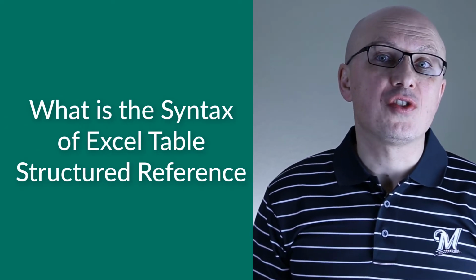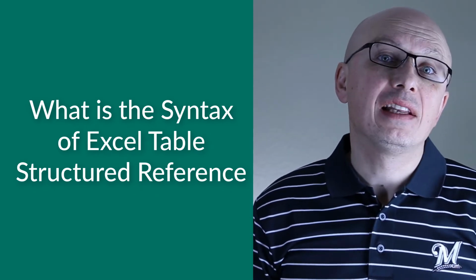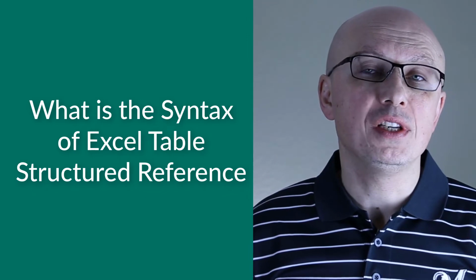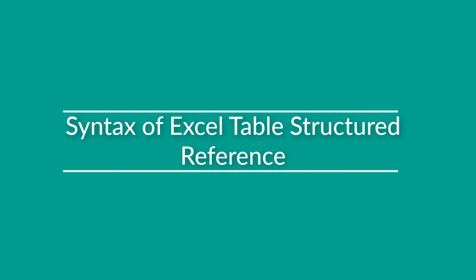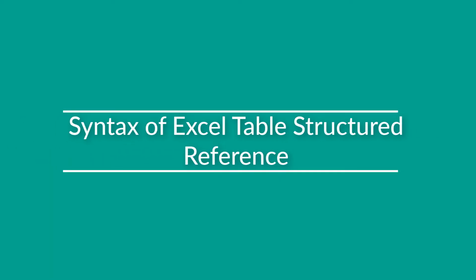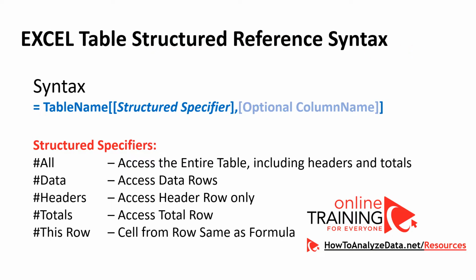On the surface, Excel table structured references syntax might look similar to regular Excel formulas, but it provides some important differences as well. Excel table values can be referenced through structured references. Typically, you would need to provide the table name and then structured specifiers, and there are 5 typical structured specifiers.